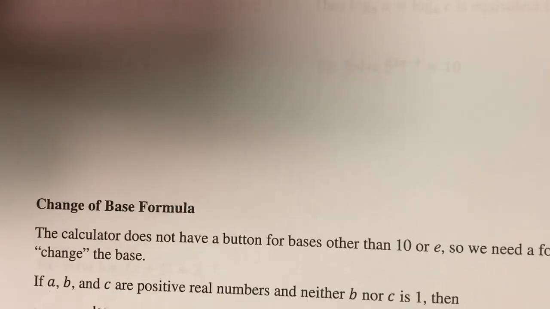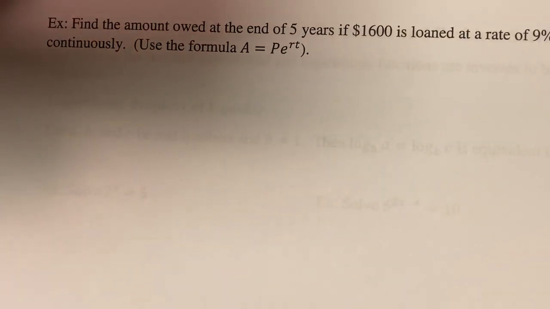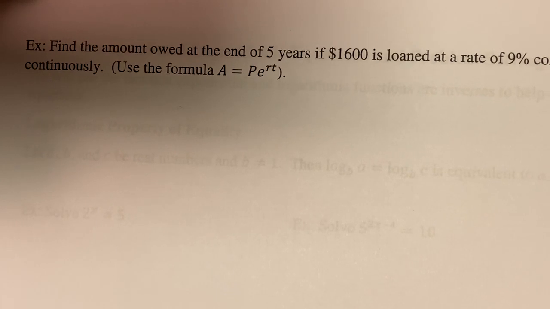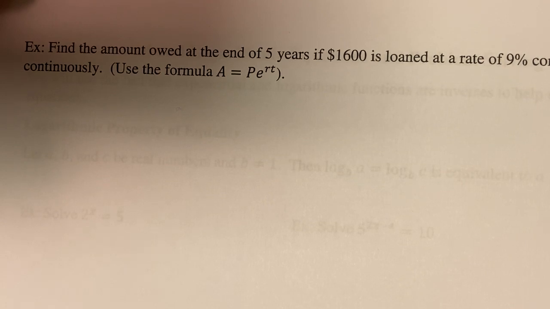So you see e in a lot of formulas, and we're just going to do the banking one for right now. Remember how in our previous section we had that formula that found the amount of money in an account or the amount of money owed, compounded monthly or quarterly. So it's compounded a certain number of times per year. Daily would be 365. That was the formula that had the n in it.